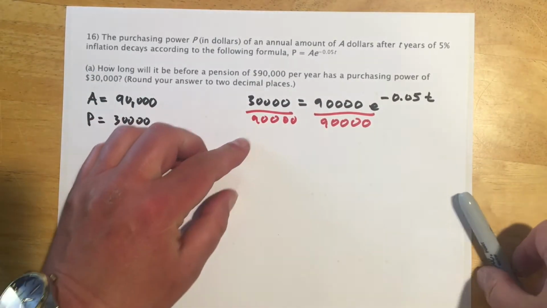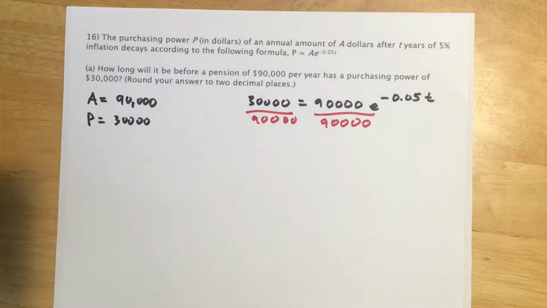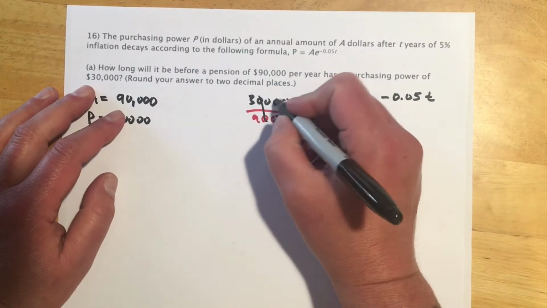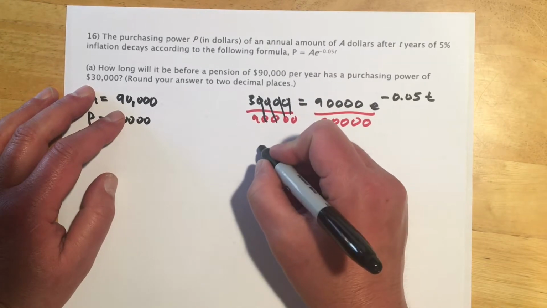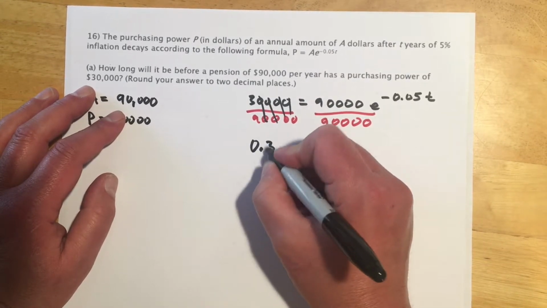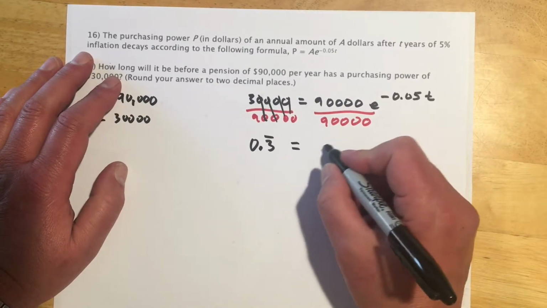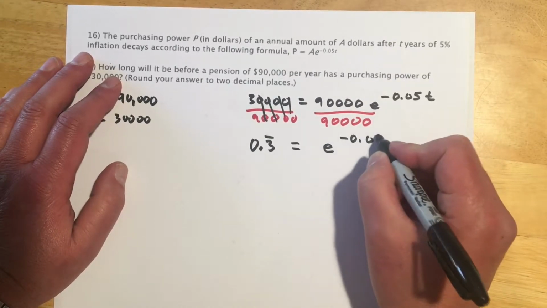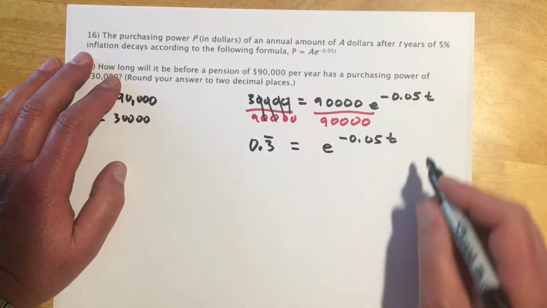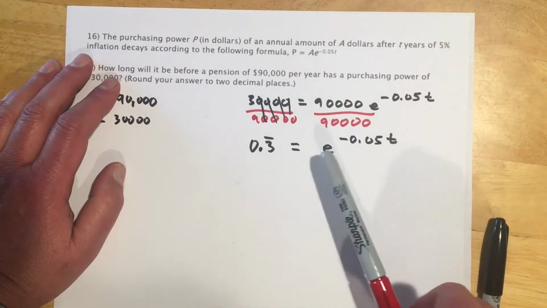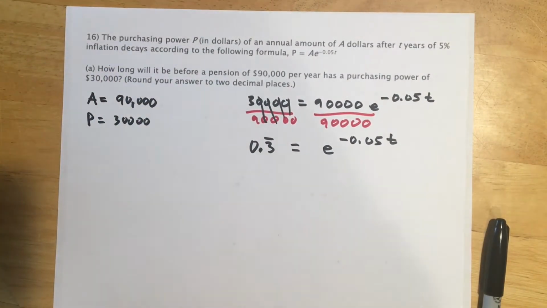And this is going to give me 1/3, because you can see everything cancels. And I think I'm just going to call that 0.3 with a bar to write it a little bit easier. And that equals e to the negative 0.05t. It's an e equation, so we're going to natural log both sides.